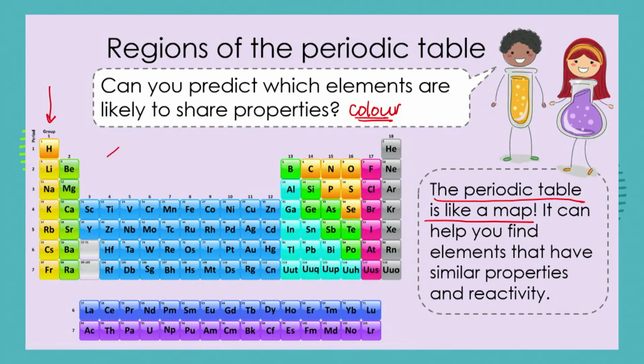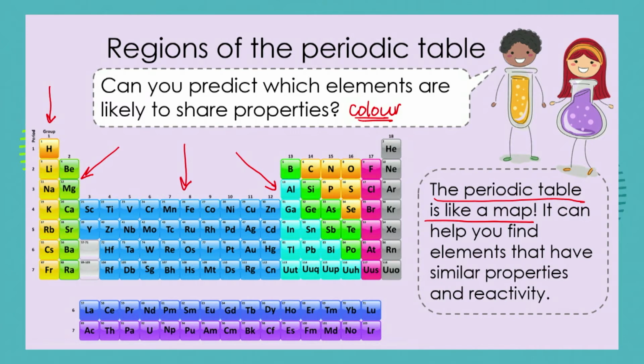So just as we can interpret a map and make predictions about what the climate is going to be like in a particular place on the map, so we can make predictions based on the different regions of the periodic table.